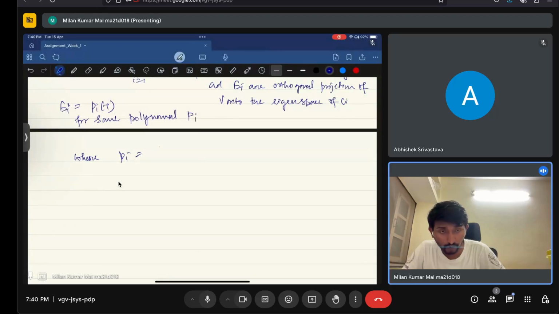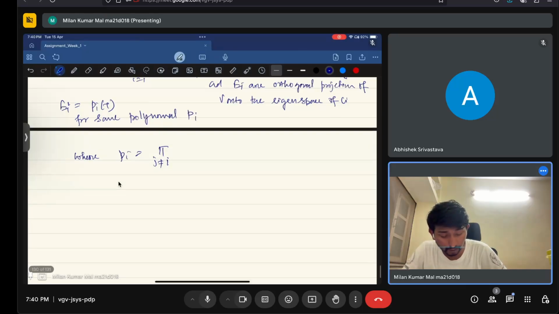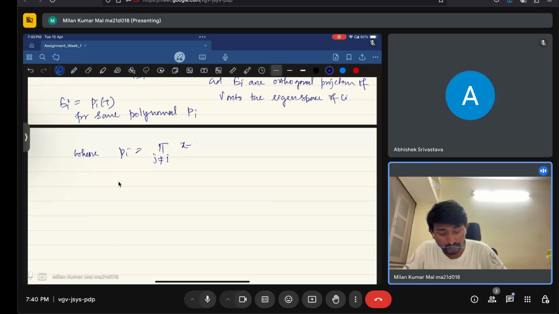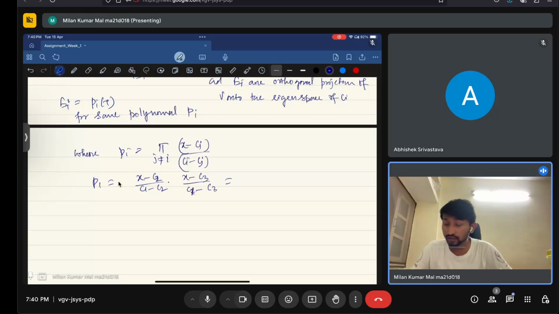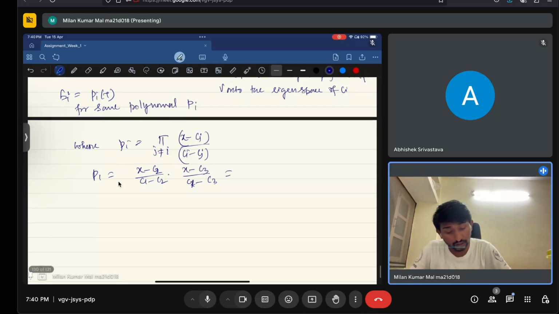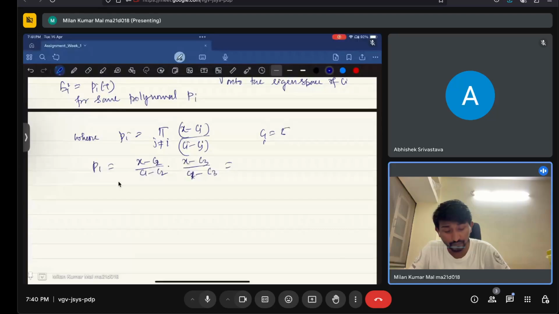What was that? If I want to find Pi, then it will be the product over j not equal to i, with j running from 1 to whatever the value, of x minus Cj by Ci minus Cj. So in this situation, P1 will be x minus C2 by C1 minus C2 into x minus C3 by C1 minus C3. Here C1 equals 5, C2 equals minus 5, and C3 equals 2.